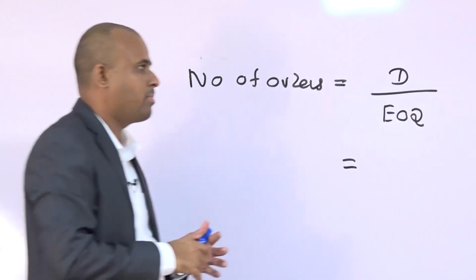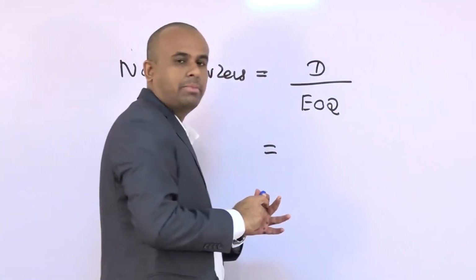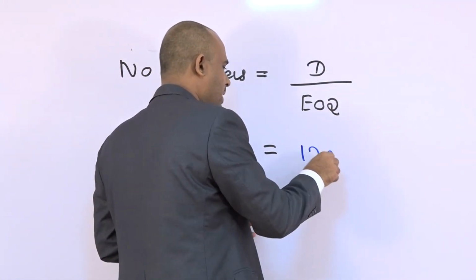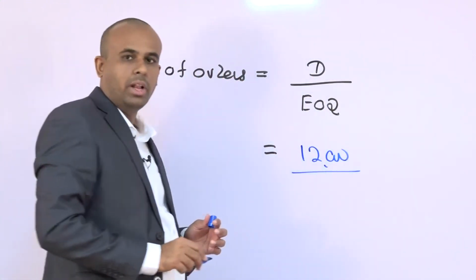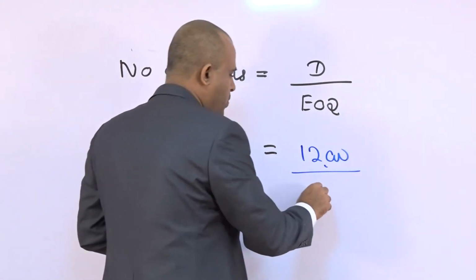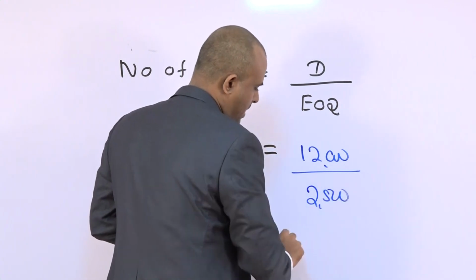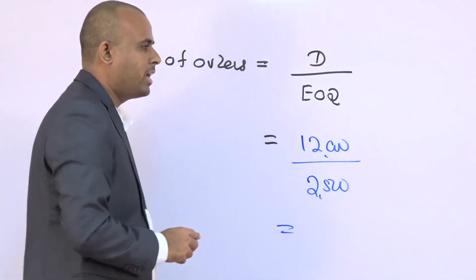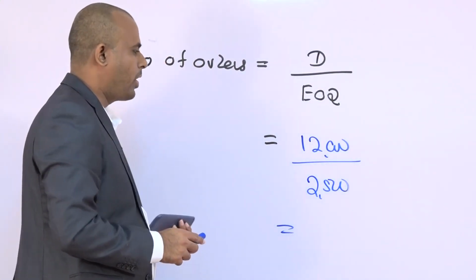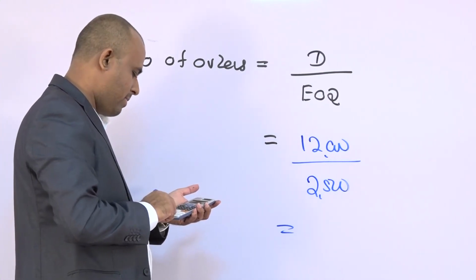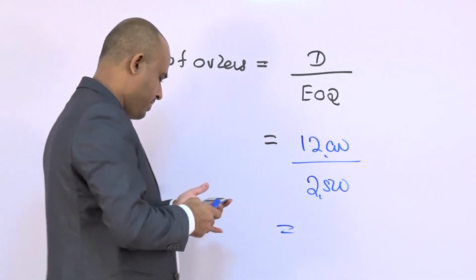Annual demand, it's not monthly demand. Monthly demand is 1,000, but the annual demand we just calculated as how many units? 12,000 units. That you divide by 2,500. 2,500 is the economic order quantity. Then 12,000 divided by 2,500.